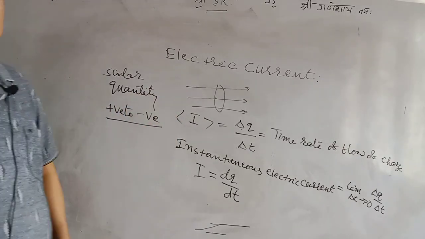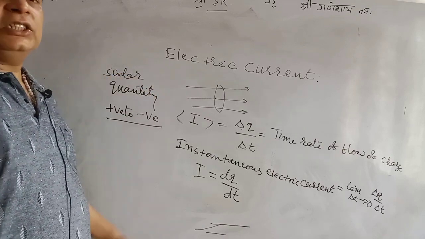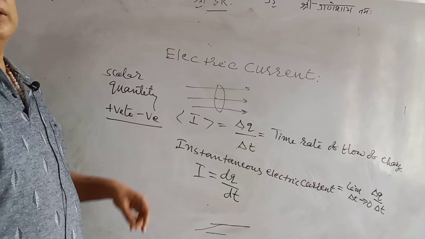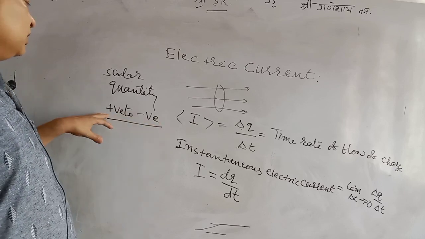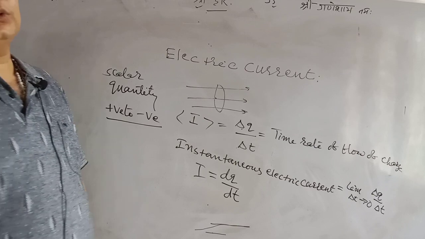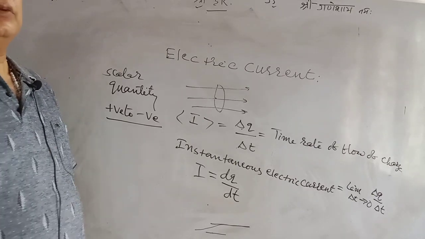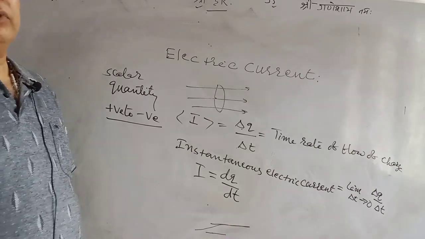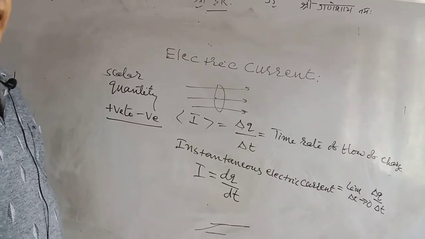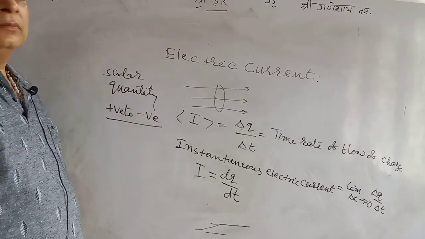This direction of current doesn't depend on the nature of charge. For both positive and negative charges, it is taken from higher to lower. So it has direction and magnitude also. In spite of having magnitude and direction, it's a scalar because it does not obey vector algebra. Its addition is simply the algebraic sum of current.